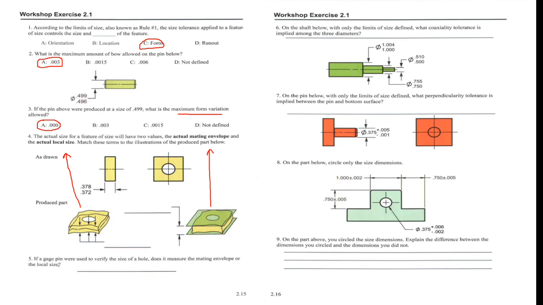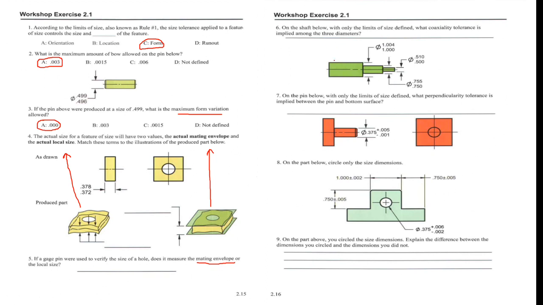Then here, when we use a pin to verify the size of a hole, it measures a mating envelope. It means a mating envelope on the shaft below with only the size defined.